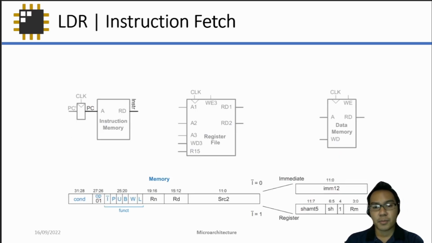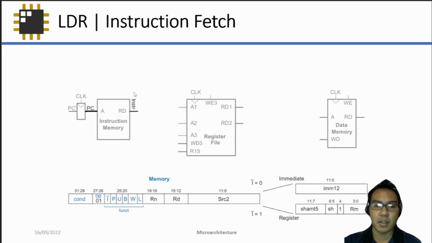In order to see how this data path is going to be built, let's try to follow one of the instructions that we've discussed before. So, load register. First, we're going to have to fetch the instruction. We connect the program counter to the instruction memory, and the instruction memory outputs the instruction at the address of the program counter.